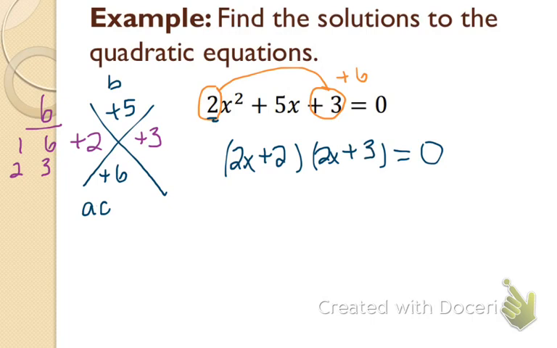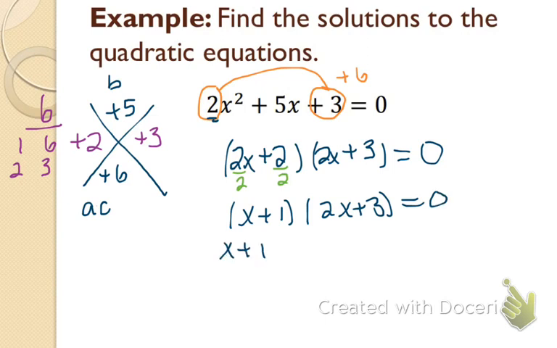Now let's not forget that if we were to multiply and go backwards, 2 times 2 is not 2, 2 times 3 is not 3. So one of these binomials can get even smaller, and in this case it is the first binomial, and we get x plus 1. The second binomial, nothing changes, so both are still equal to 0.